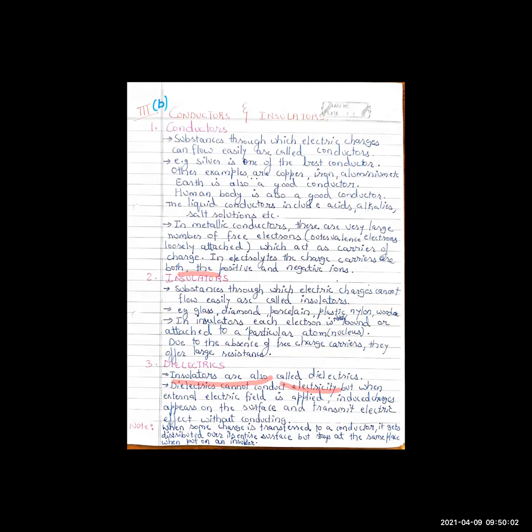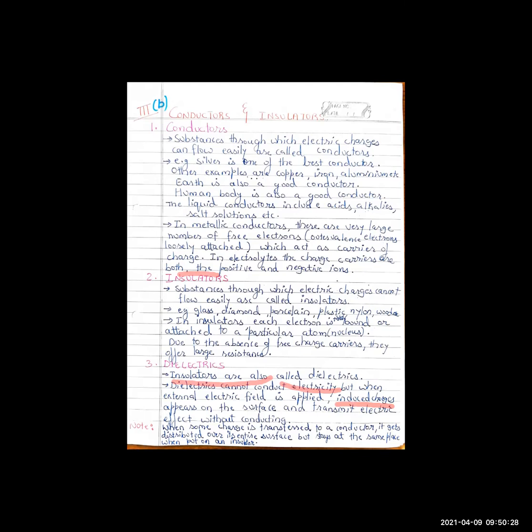If you apply an electric field from outside, beta, right? Then on its surface, what will be produced? Charges will appear. Till when will those charges be produced on the surface? As long as you apply the external electric field. As soon as you stop the external electric field, the charges produced on the surface will stop.